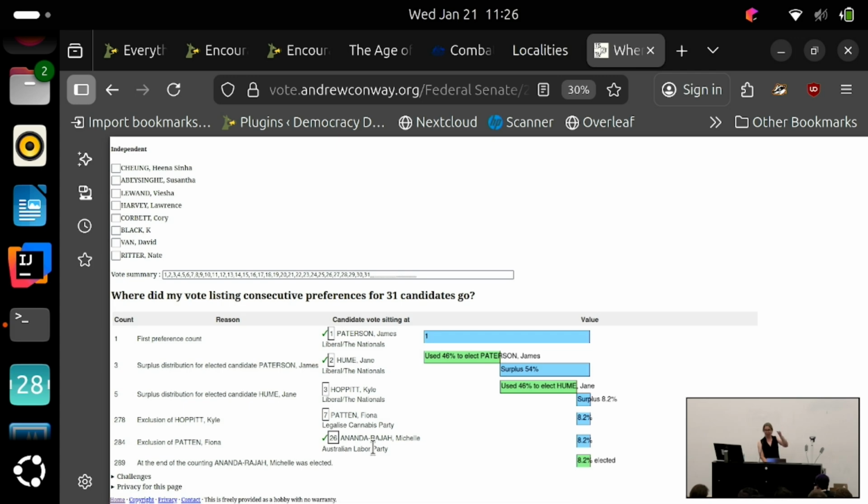I don't know if you noticed, but in the scope of the donkey vote, I eventually ended up with, by this stage, the Labor Party, and by this point, the first 2 people in the Labor Party have already got elected, so it ends up on the 3rd person of the Labor Party.